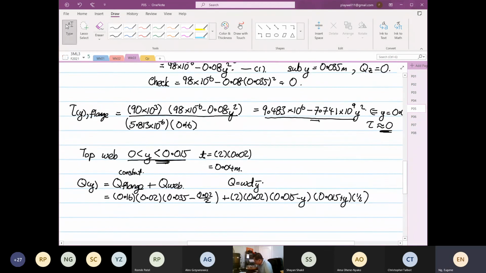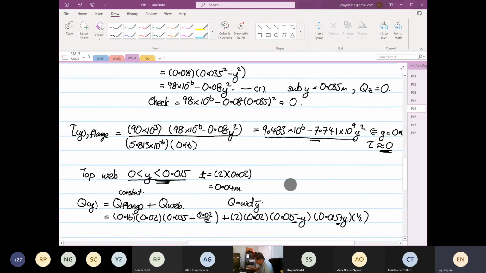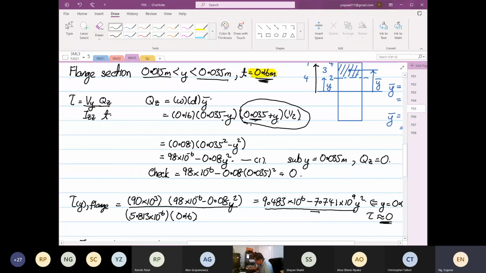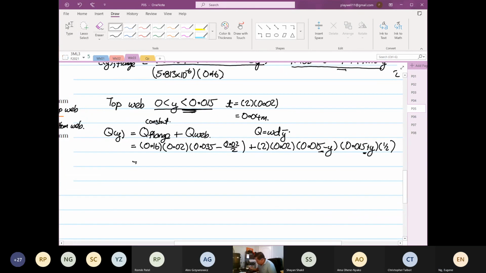So you can see the trend: you minus here, you plus here, and then you multiply by half. Likewise over here, you minus, you plus, you multiply by half. Just follow that trend. So from here, this will be equal to 0.035 minus 0.02 divided by 2, times 0.02, times 0.16. So the first term is 80 times 10 to the power minus 6.